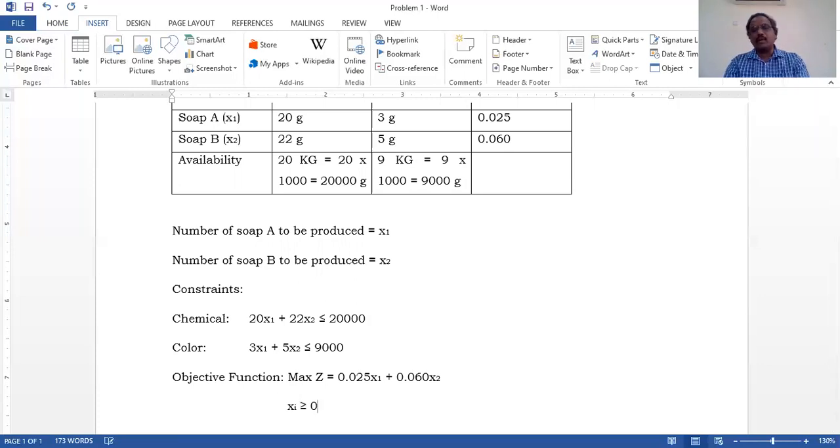So the number of products cannot be negative. I cannot say I want to produce minus 10 soap. I can say I don't want to produce any soap, or I can say I want to produce 10 soap, but we cannot have the quantities in negative. So my alternative, all the xi values, x1 and x2, should be greater than or equal to 0. So this is called formulation of LPP.